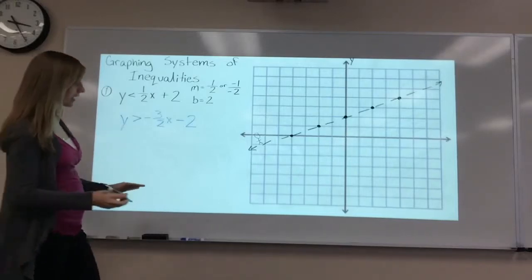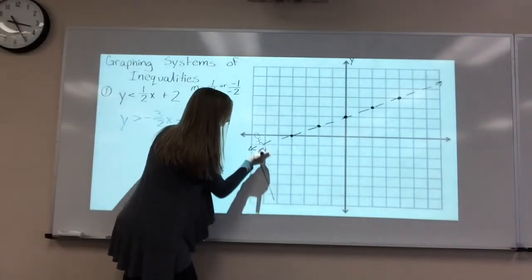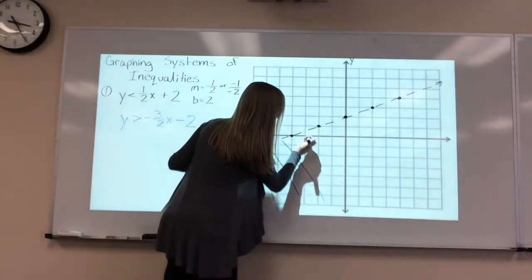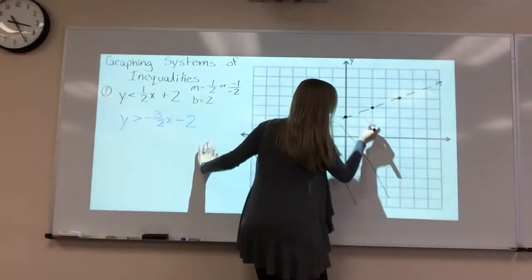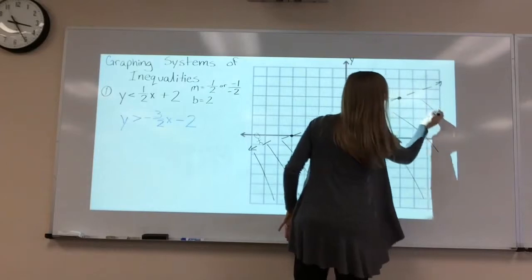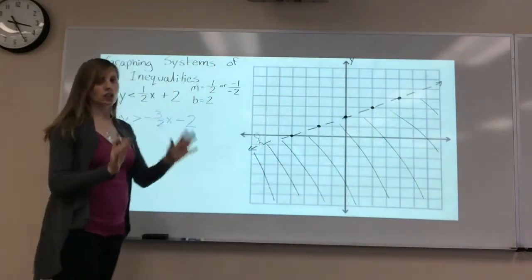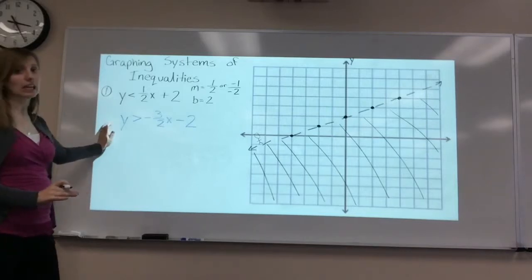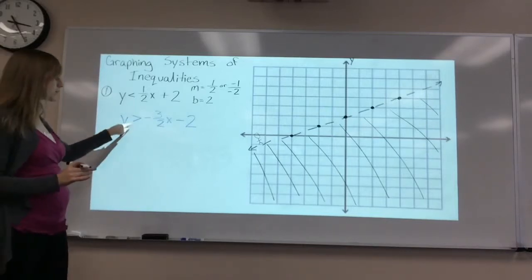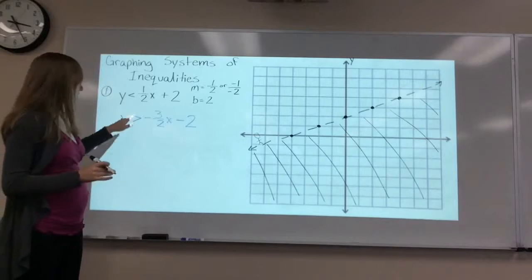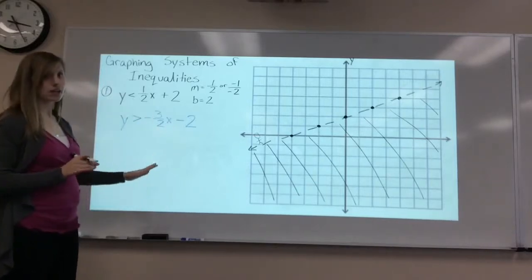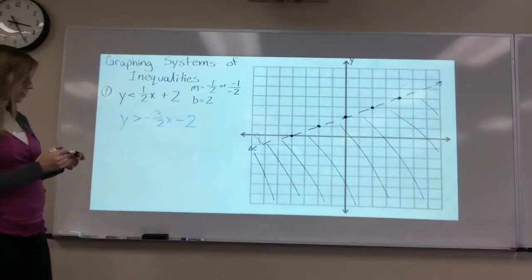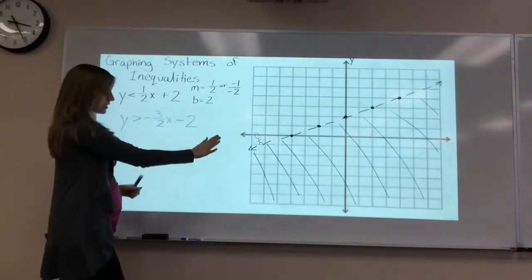I shade below the line. So the grass is down here. My suggestion would be just put a few lines like I'm doing, very spread apart, to show where it's shaded. Don't color it all in dark, because we still have another inequality to graph, and you need to be able to tell where this inequality is and where it's shaded. So don't make it super dark, just enough where you can tell it's shaded below.